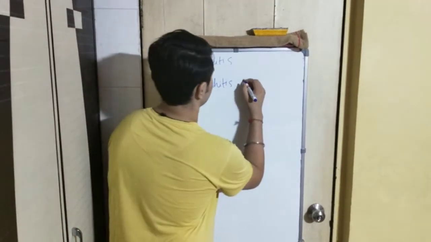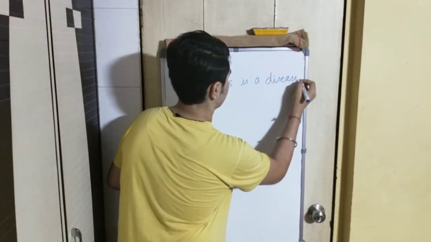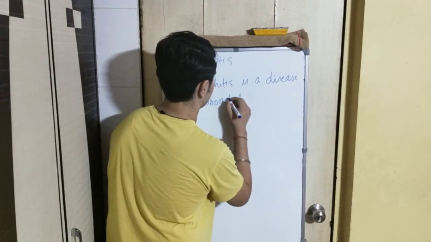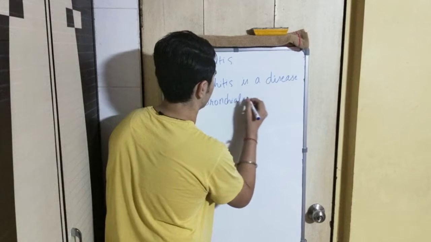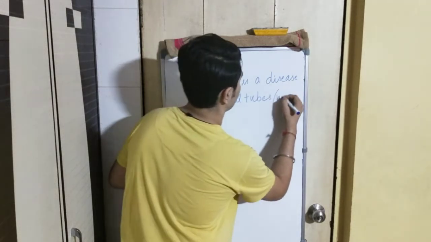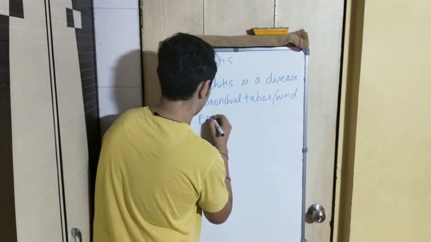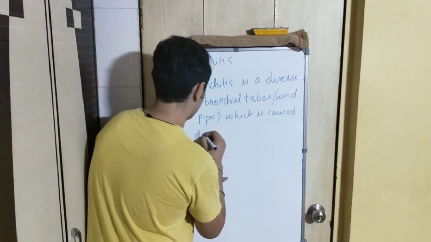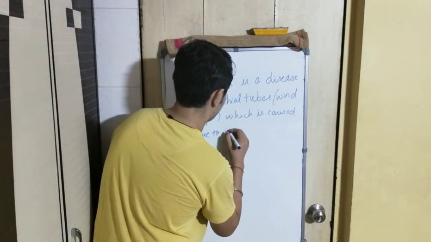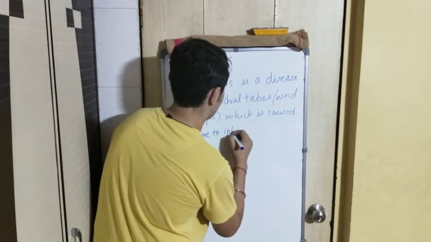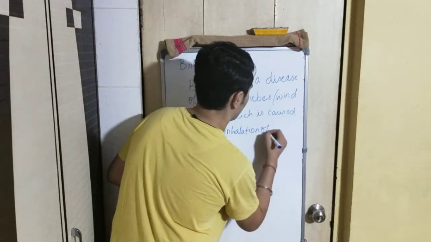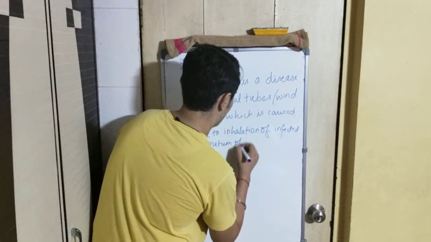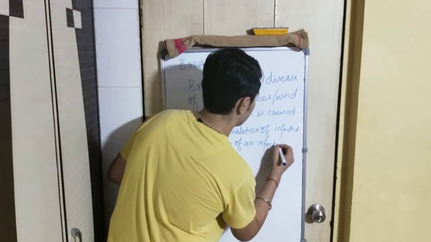So bronchitis is a disease of bronchial tubes, that is called as wind pipes, which is caused due to inhalation of infected sputum of an infected person.